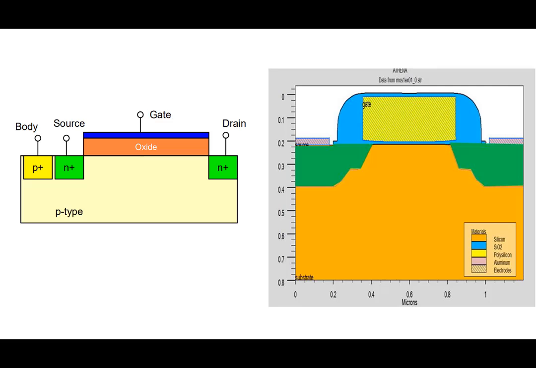The body contact that I'm showing here is to the P plus here, which you will see in a short while. So rather than drawing a contact at the bottom, this is a more accurate picture of the transistor here.